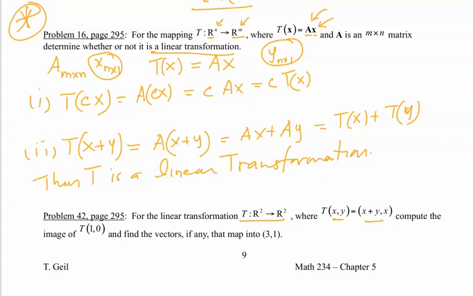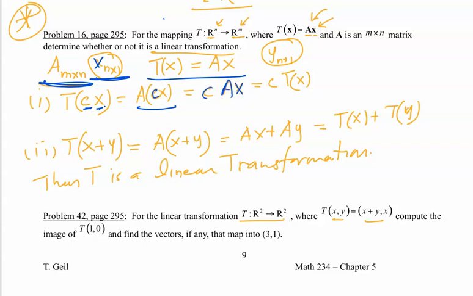Let me show you here. A is an m by n matrix, and x is a vector, n by 1. It's a long vector, so n rows and 1 column. If I do the matrix vector multiplication, c times x, now c is a constant, you can always put it outside.